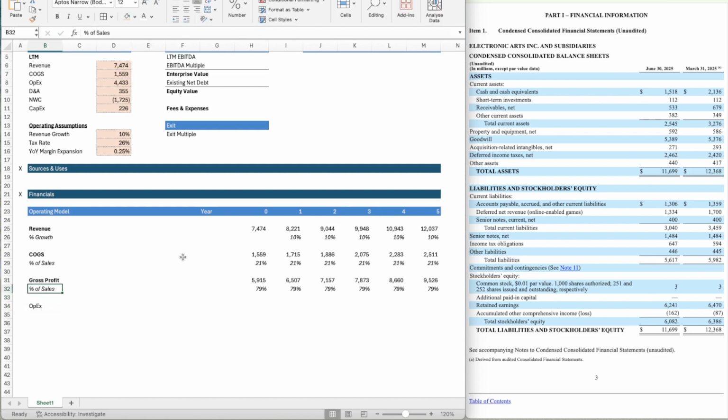OpEx, percentage of sales. What did we say they were? The OpEx is, yeah, here we go. And this is, as a percentage of revenue, 59.3. And we'll say that it's going to stay as that going forward.